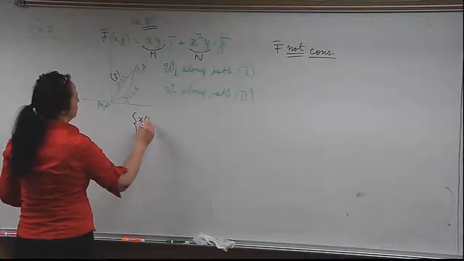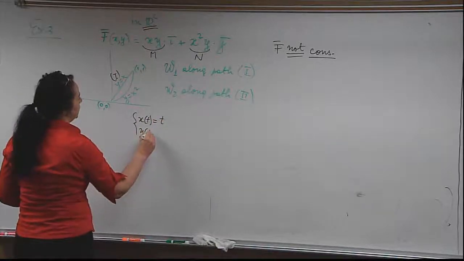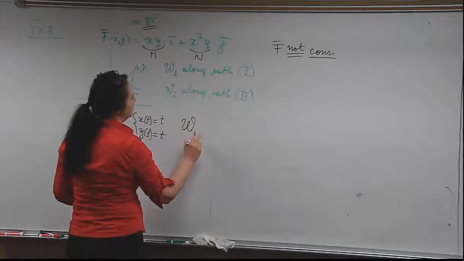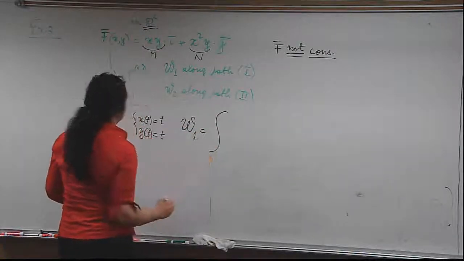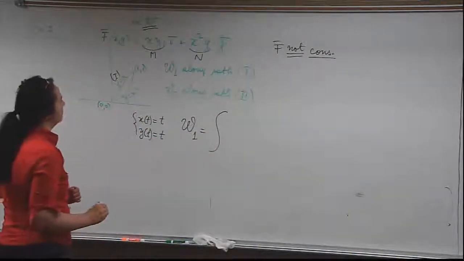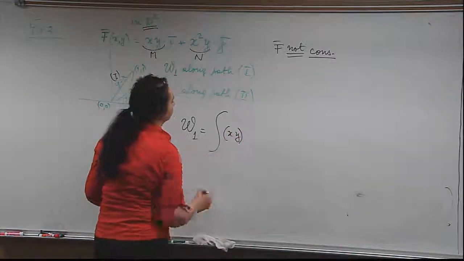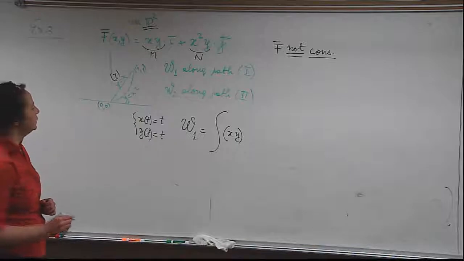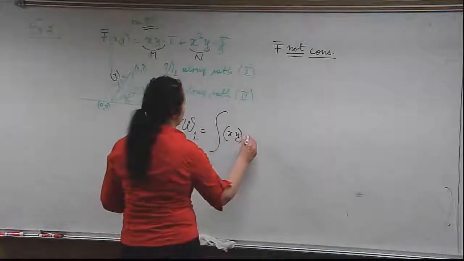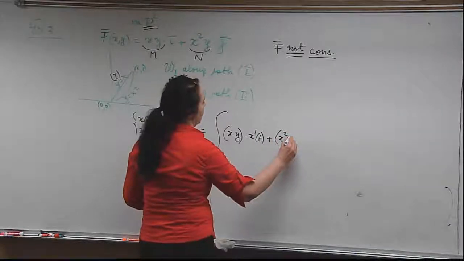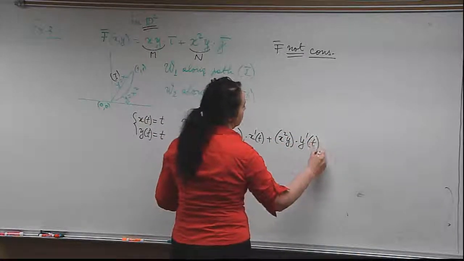So x of t equals t, y of t equals t is your parametrization, the simplest one, and then W1 will be the integral of xy times x prime of t plus x squared y times y prime of t dt.